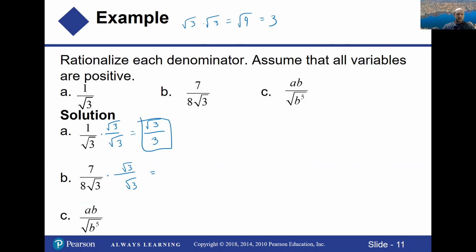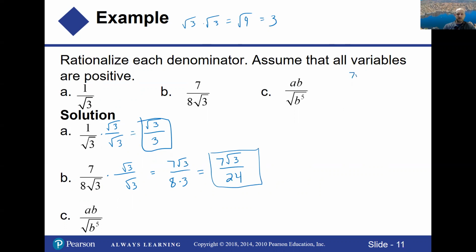So when I do this, I have 7 times √3 over 8 times square root of 3 times square root of 3, which is 3. We just did that one up here. Now I have 7√3 over 8 times 3, which is 24. 7 and 24 I cannot simplify. If it was like 7 divided by 28, then yes, I could simplify that.